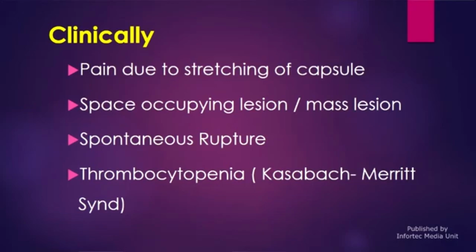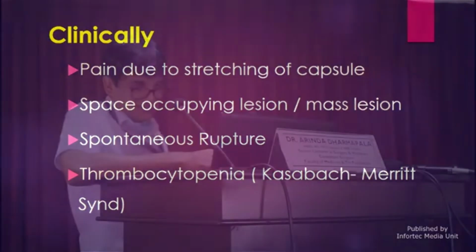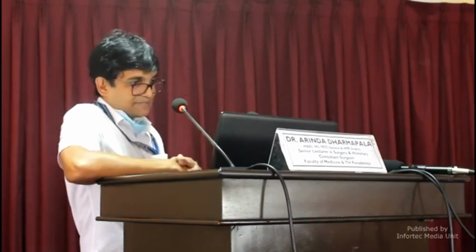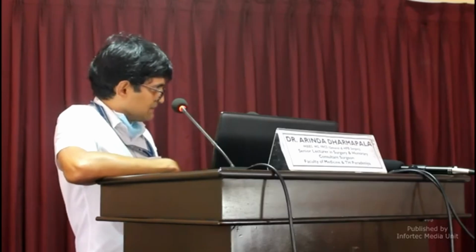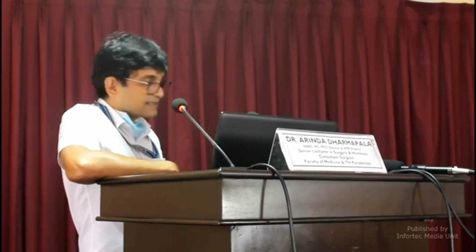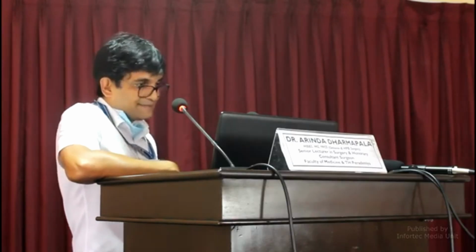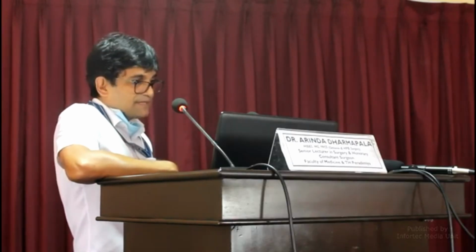Thrombocytopenia is usually seen in lesions which are very big, because all these hemangiomas are cavernous type hemangiomas, so there can be some thrombosis inside, and then the patient's platelet count can come down, right? And there's a risk of spontaneous rupture, which is very rare, but it has been documented in certain places. Because of that, with very big lesions we are worried about a rupture also, especially in surface hemangiomas.